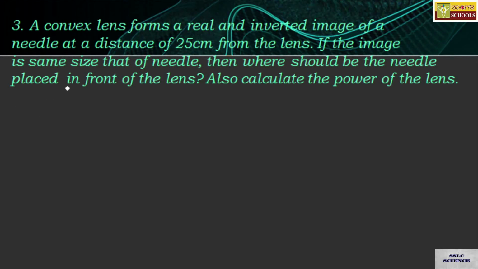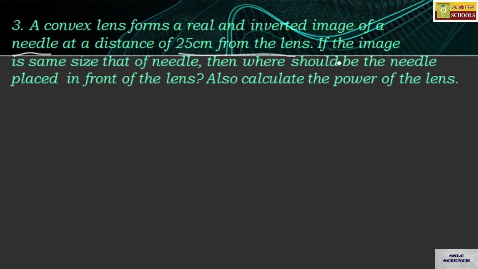The next problem: a convex lens forms a real and inverted image of a needle at a distance of 25 centimeter from the lens. So we have the image distance this time.